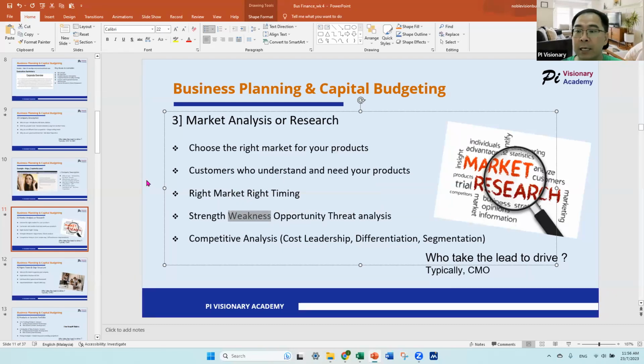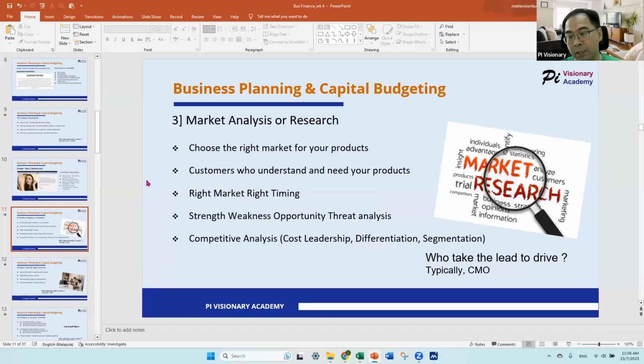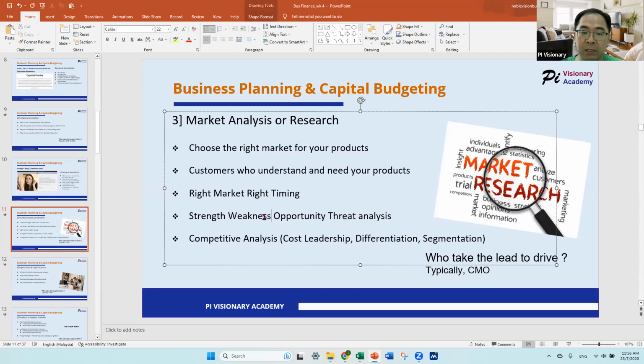Can your supplier have enough capacity to supply the components to the company or not? So if cannot, this is the external threat, because the supplier is external, right?